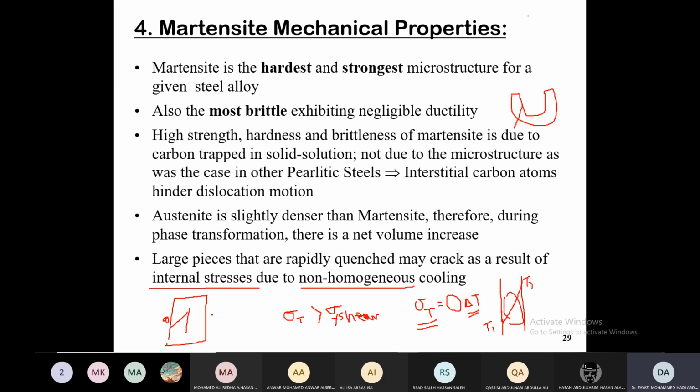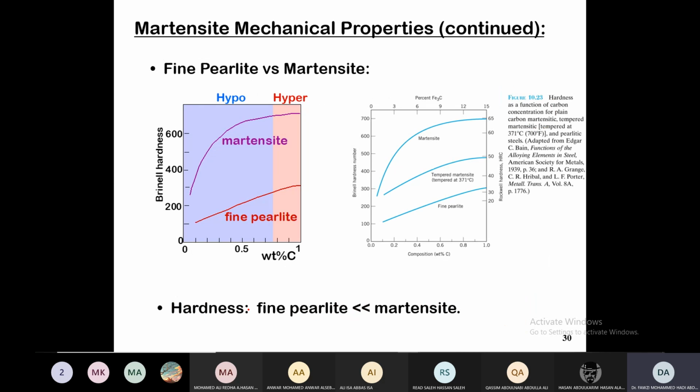Large gradients cause these internal stresses to develop or cracks to happen in the material. So what is the solution for this? We're going to go through this during the lecture.